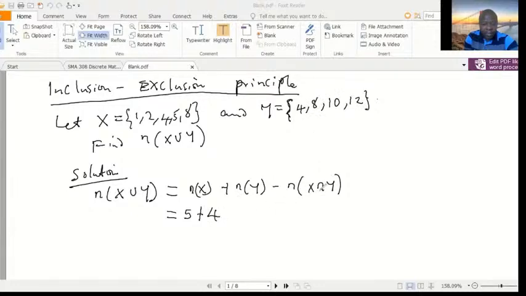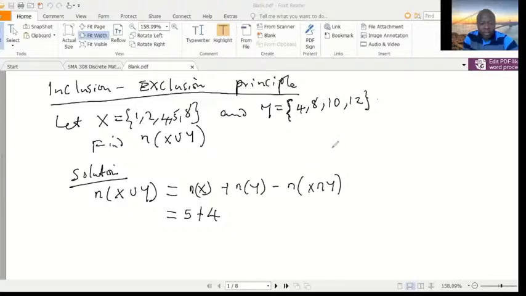The elements in the intersection are the elements common to the two sets. I can see that this set has 4 and 8, and this set has 4 and 8. So these are two elements.